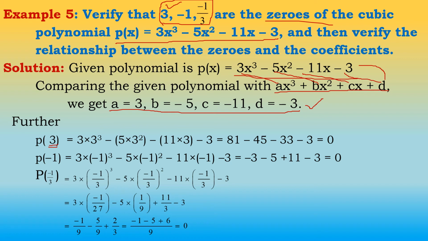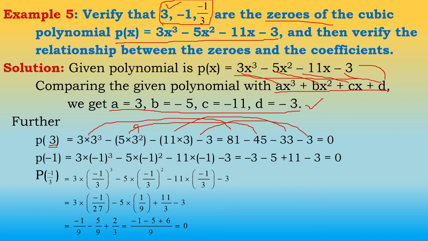3x cube means 3 into 3 cube, minus 5x square means minus 5 into 3 square, minus 11 into x, so minus 11 into 3, and minus 3. As we know, 3 cube is 27. 27 3s are 81. 3 square is 9. 9 5s are 45. 11 3s are 33, minus 33, and minus 3.